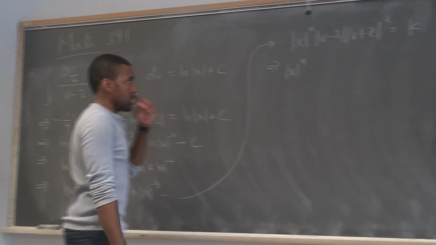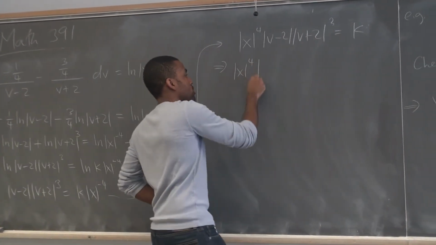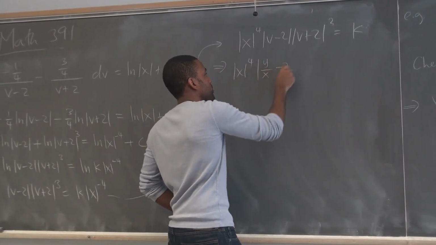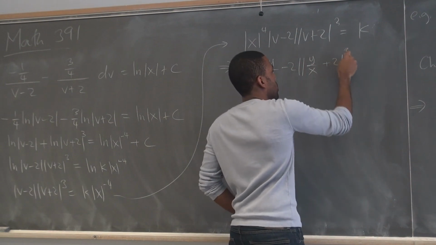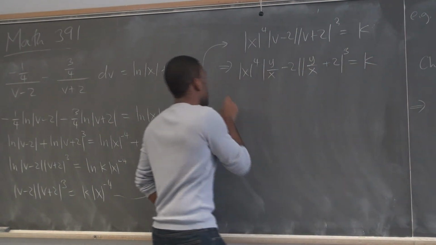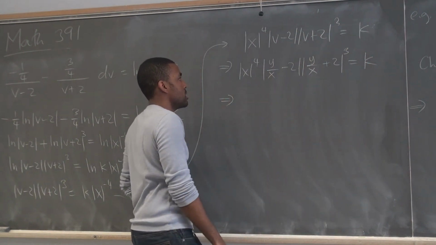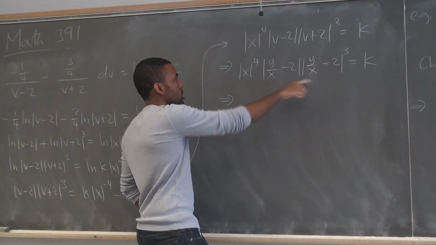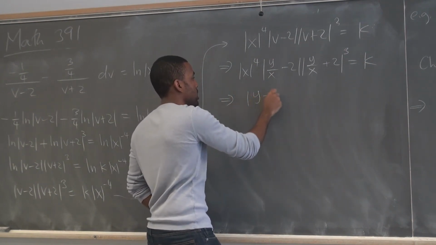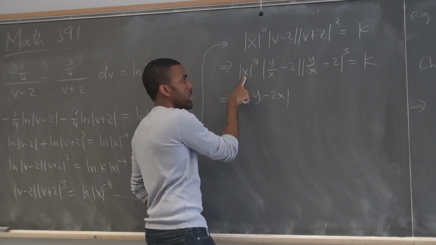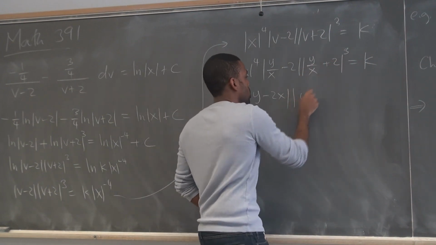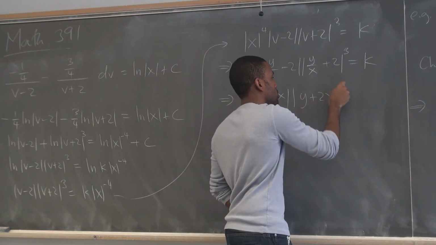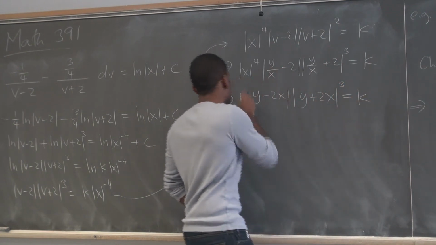And that's pretty much as nice as I'm going to get it. Now I can swap out the v's for y over x's. And I can take one of the x's, multiply it into here. I would get y minus 2x. Take the other x cubed, multiply it into here because that's cubed, and I would get y plus 2x cubed equals a constant.